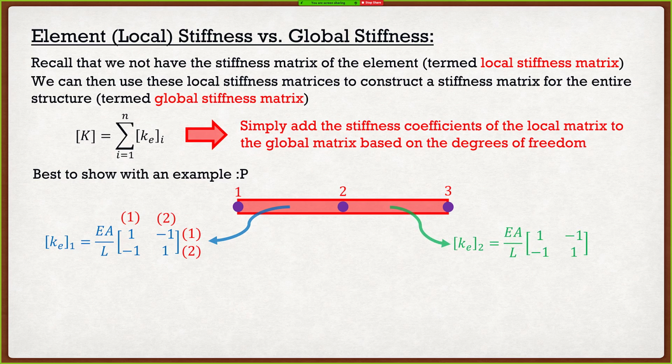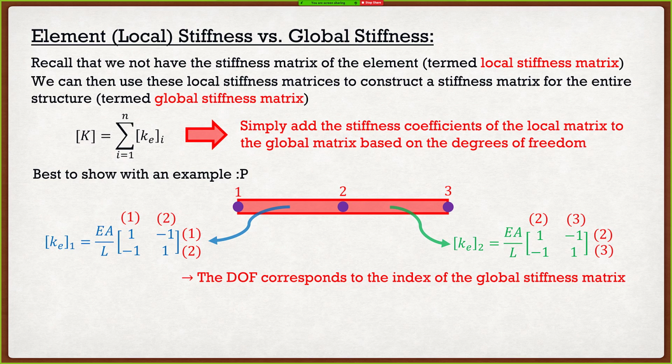Same thing over on the other side. Our second element goes from nodes 2 to 3. Therefore, this matrix is associated with degree of freedom U2 and degree of freedom U3. So I'm going to index that with 2 and 3. So now we can say these degrees of freedom, or DOFs, correspond to the index of the global stiffness matrix.